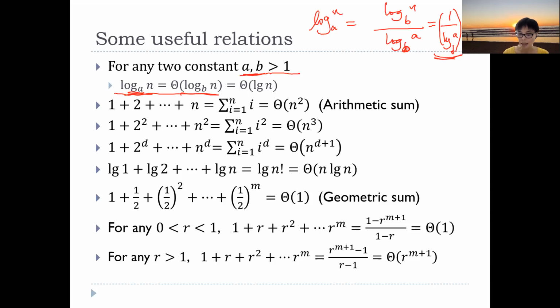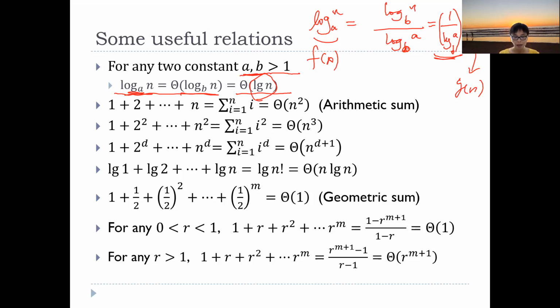That means that the function f of n and the function g of n only differ by a constant. As such, they're asymptotically the same. So very often in our time complexity, we just write log n base 10. I use that because the base doesn't matter asymptotically.